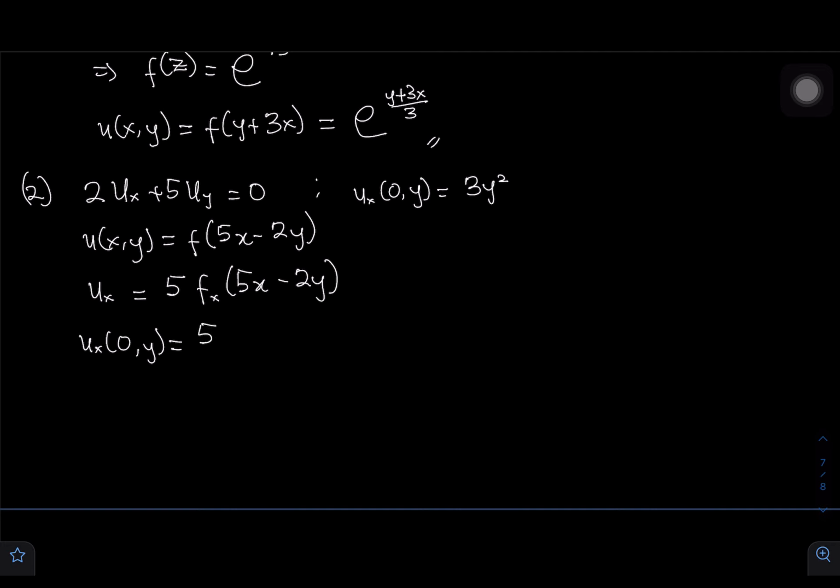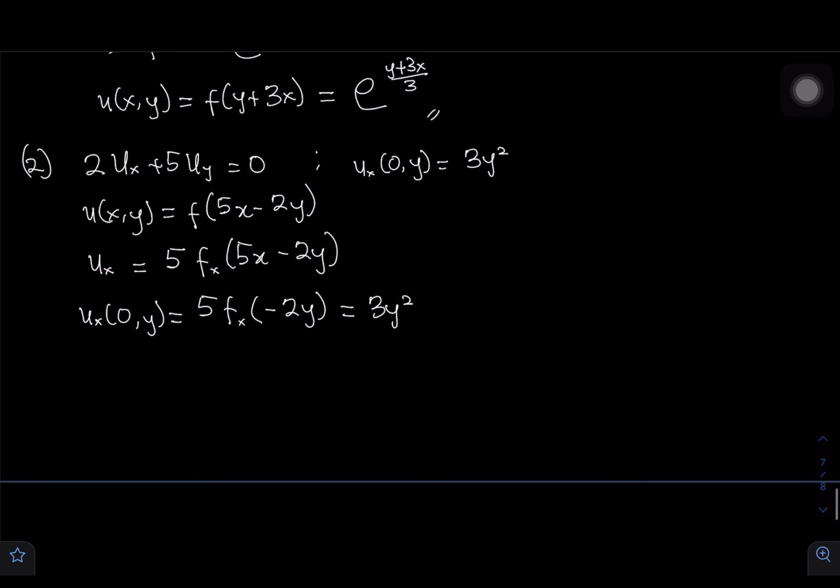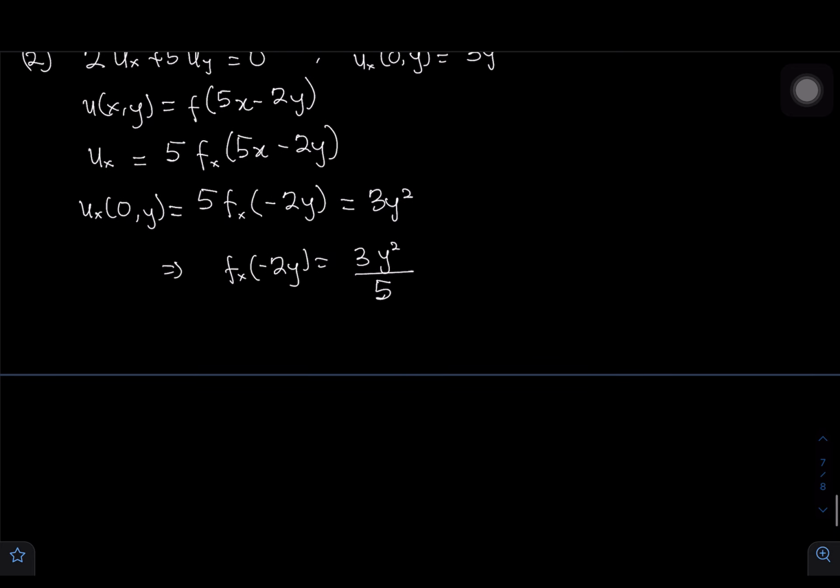So I'm going to have 5 f prime of, wherever I see x in the function, I'm going to put 0. So that's going to be negative 2y. And that should be equal to 3y squared. Okay, so this implies that my f prime of negative 2y should be equal to 3y squared divided by 5, right? Yes.